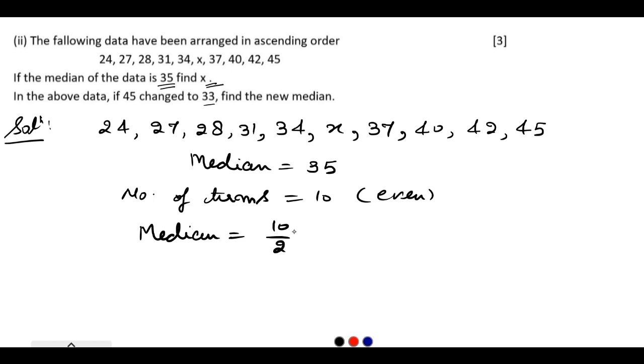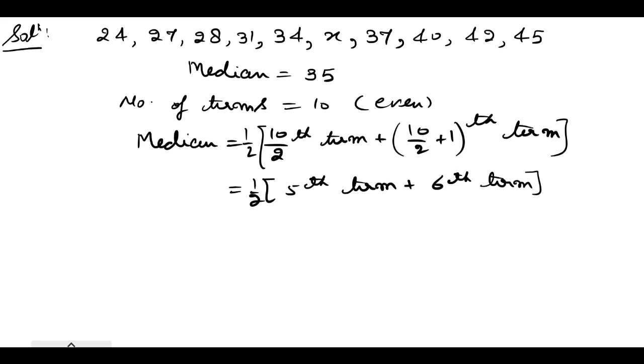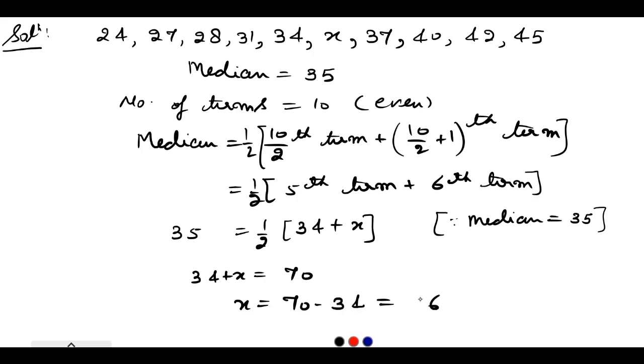Median is n by 2th term plus n by 2 plus 1th term, divided by 2. Here the fifth term is 34, and sixth term is x, and according to the question this is equal to 35. X is equal to 36.